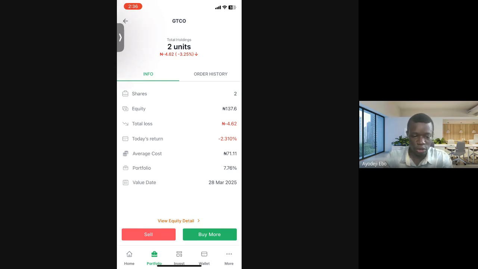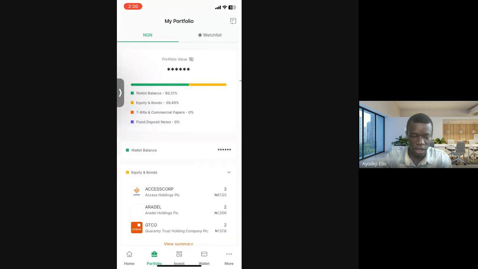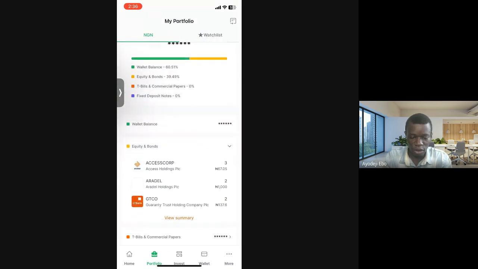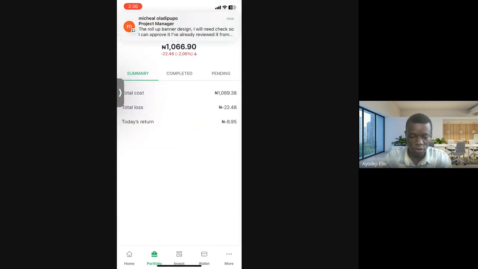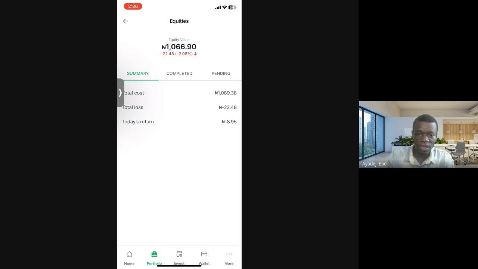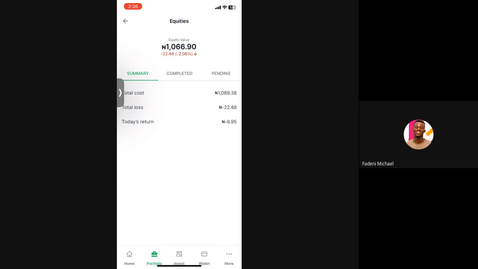So if you are using Afrinvestor, you'll also be able to see. You say view summary. You see the summary. This is the total stock. This is the total position. This is like a test portfolio, so don't mind the loss there. So equity value, and this is down. It shows you your total cost. You invested 1,000, so you can see it. I hope you can see my screen. Yes, I can see it.